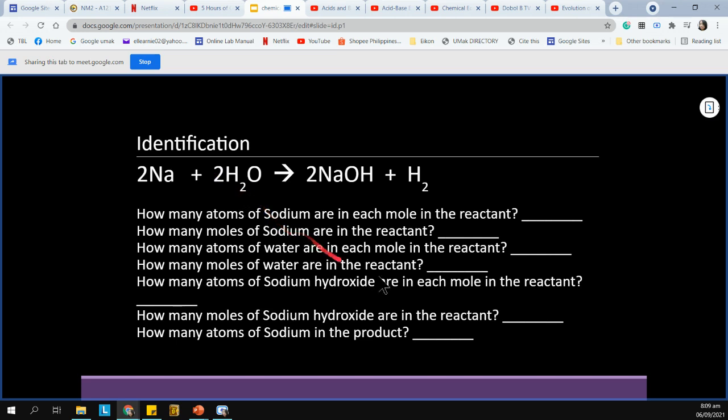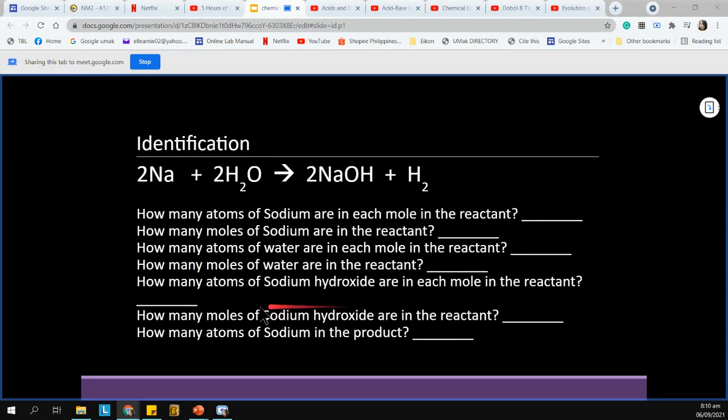Okay, next is Holden. How many moles of water are in the reactant? 2 moles po. Ayan. Okay, very good. Thank you. And then you have also other people, Loyola.